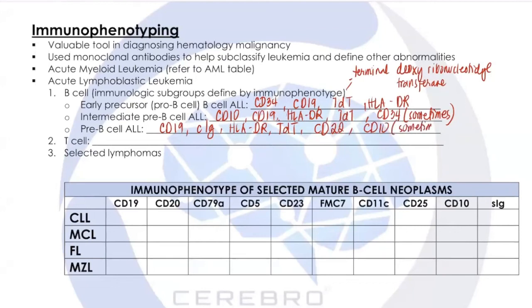Okay, sometimes. So take note na yung CD34 is most significant for the early precursor. Yung CD10 is most significant for the intermediate pre-B cell ALL.